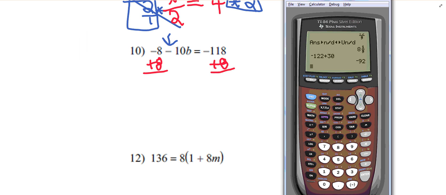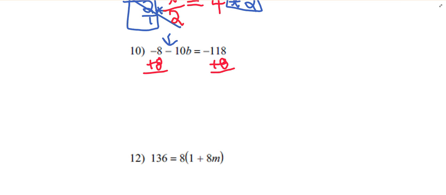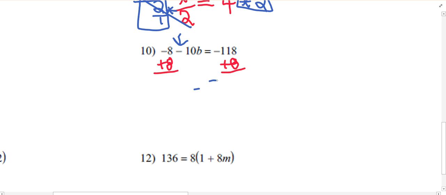And if we want to use the calculator to double check it, no shame in that. So we have -118. To that we're going to add 8. Then we get -110. Alright, let's write that down. Equals -110.